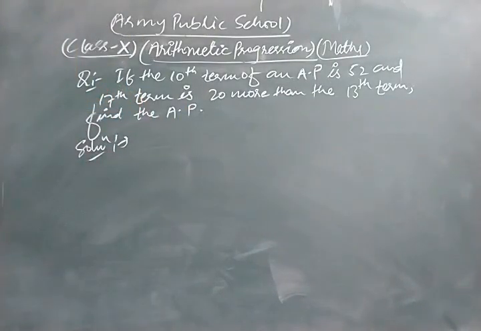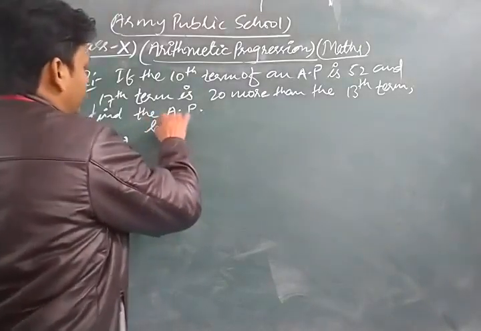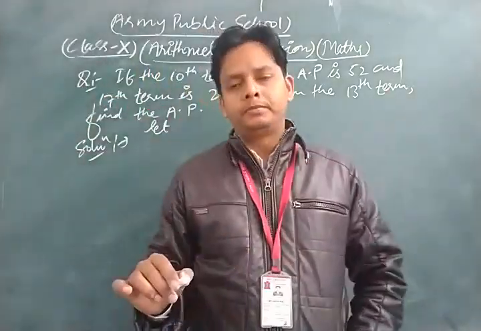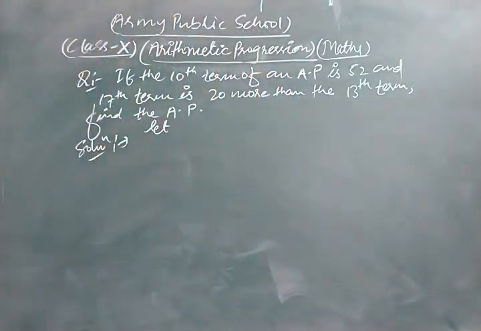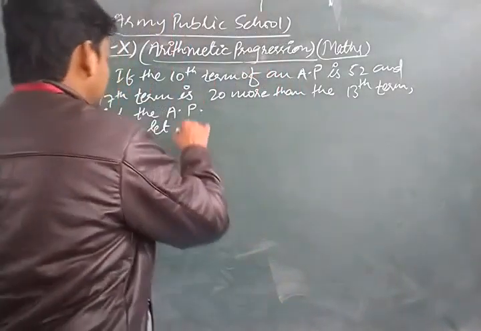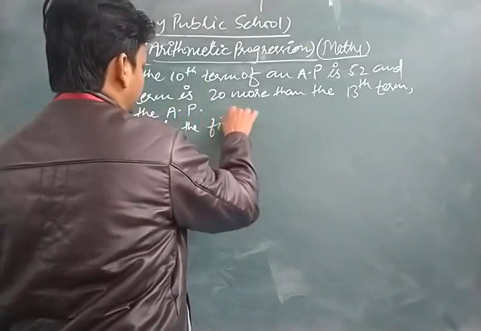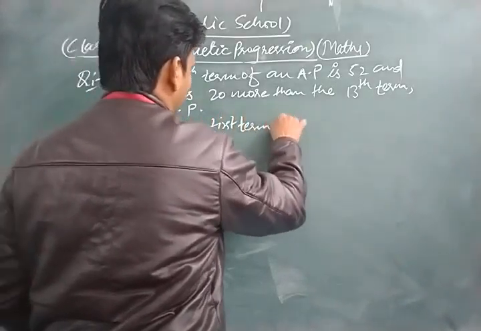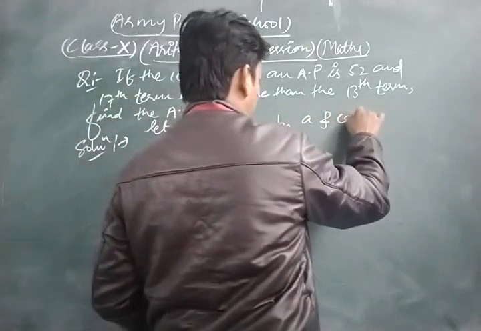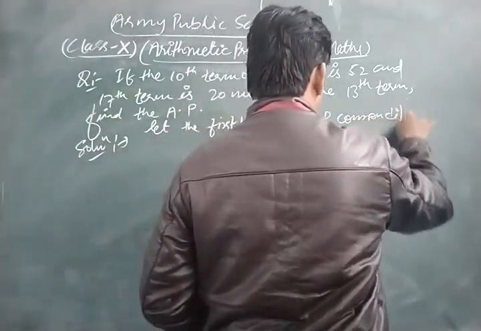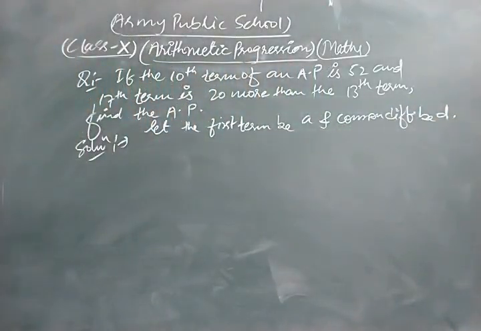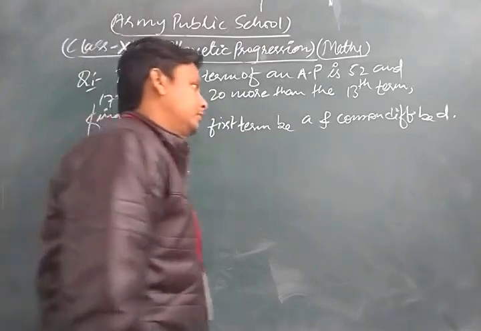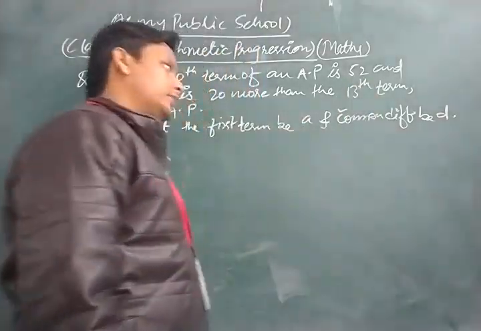So first of all we find the first term and the common difference. After that we simplify the question in a very easy way. Look, let the first term be A and the common difference be D respectively.